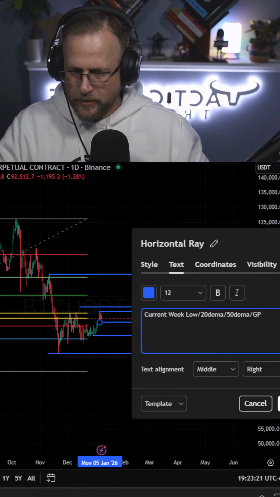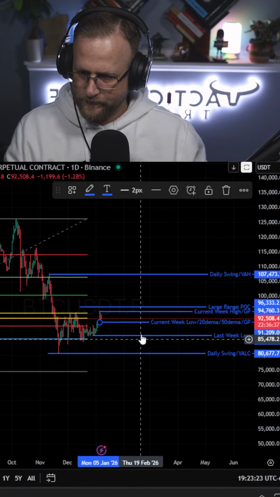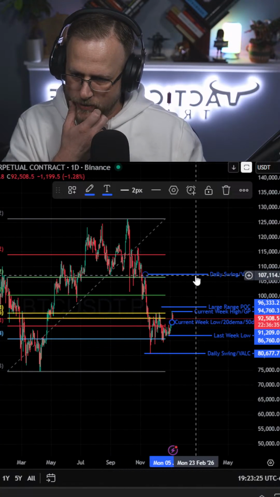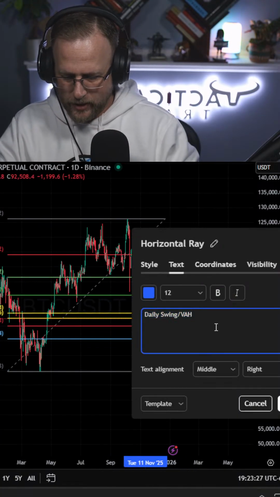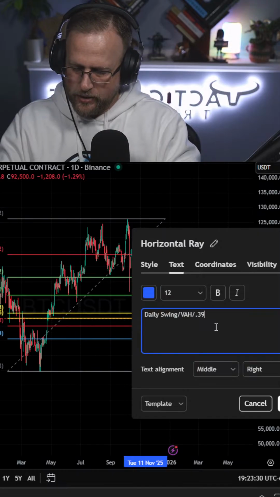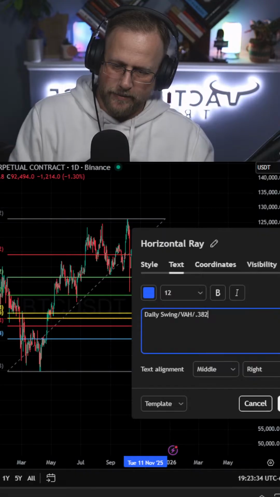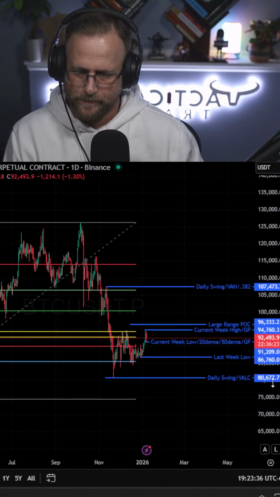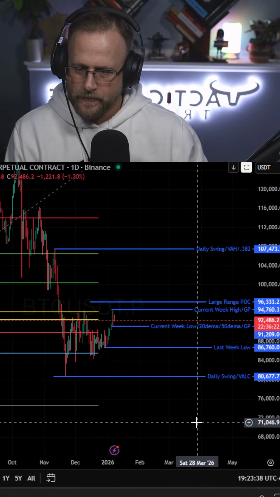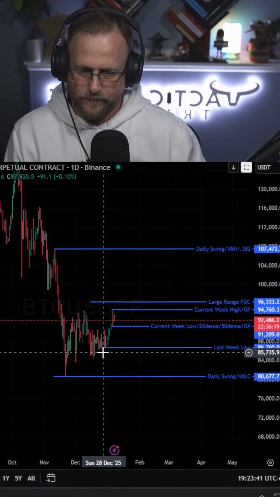Be sweeping the GP to take the weekly low. Daily swing is by the 382, our daily swing level, value area high. 382, just adding confluence. Oops, 398. I'm inventing fib levels. I think I'm good there. So I got it all.